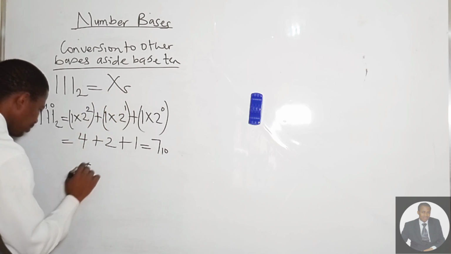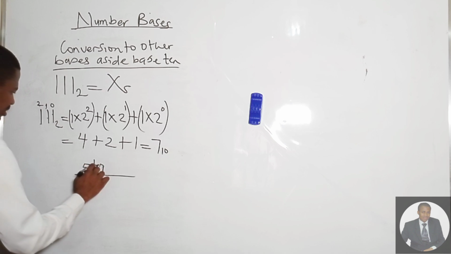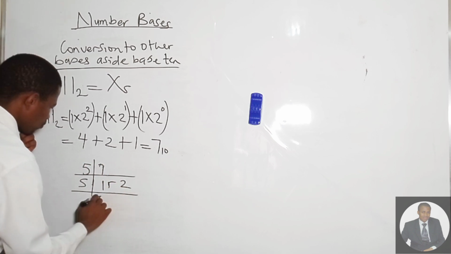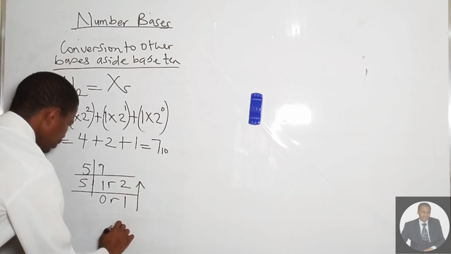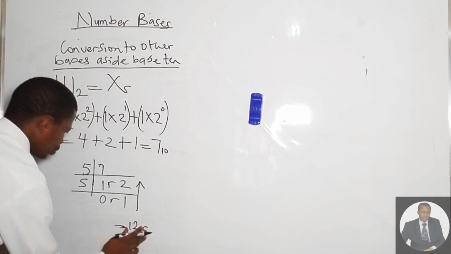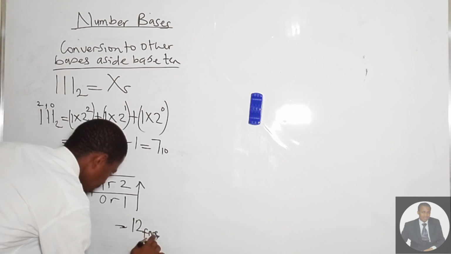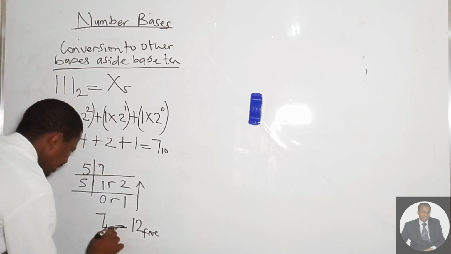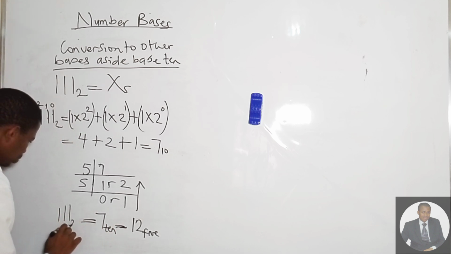So we divide 7 by 5. How many 5 is in 7? 1, remainder 2. How many 5 is in 1? 0, remainder 1. So the answer will be 12 base 5. 12 base 5 is the same thing as saying 7 base 10, and is the same thing as saying 111 base 2.